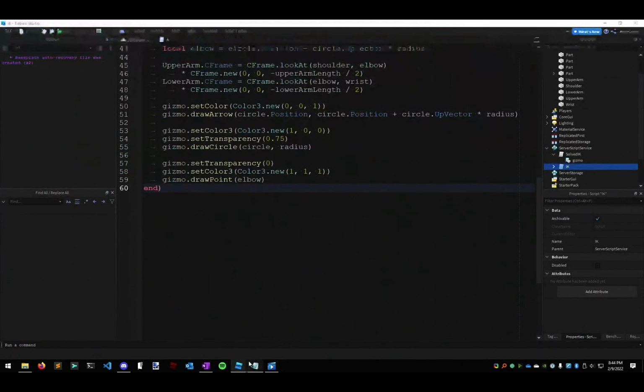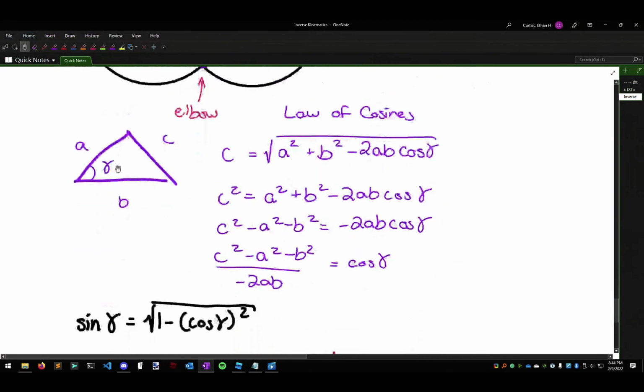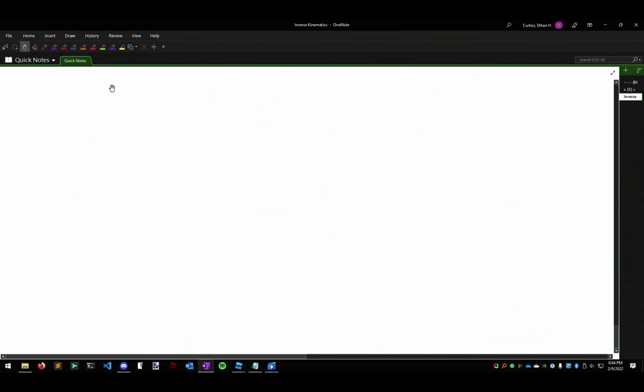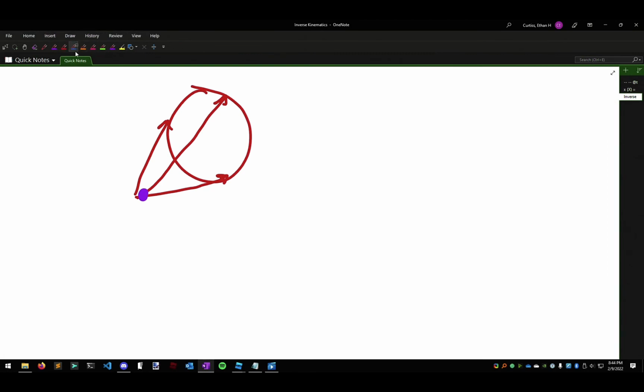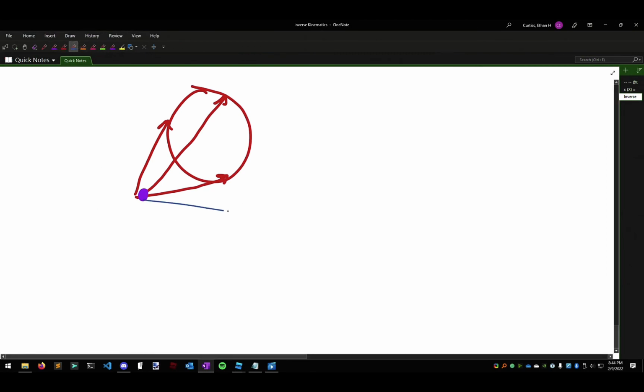Maybe it would help if I drew out what I was about to do. What we have right now is the center of the shoulder. This is our circle of intersection, and we have this cone of vectors of what the shoulder could be. Then we also have this vector out here, which is the default resting position of the arm, and we want the minimum angle to map this onto the circle.